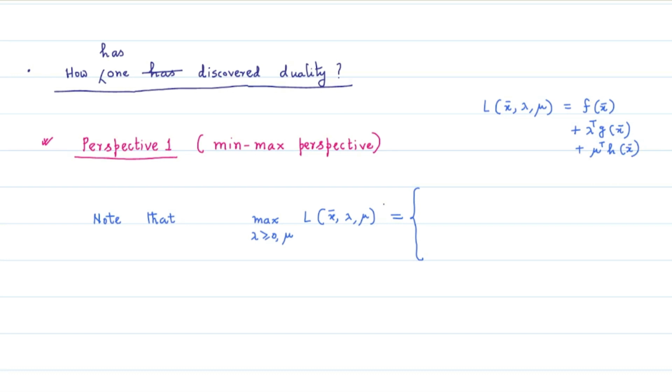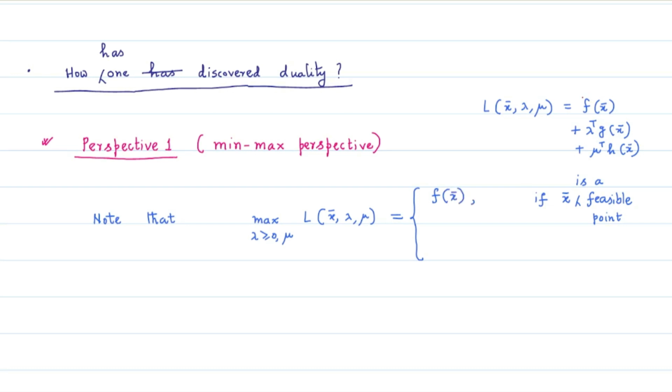Then notice that if the point x bar is a feasible point, that means x bar satisfies all the constraints g_i(x) less than or equal to 0, the point x bar is lying inside the set capital X, and x bar satisfies all the equality constraints h_j(x) equal to 0, then the maximum value of this L(x bar, lambda, mu) is nothing but f(x bar).